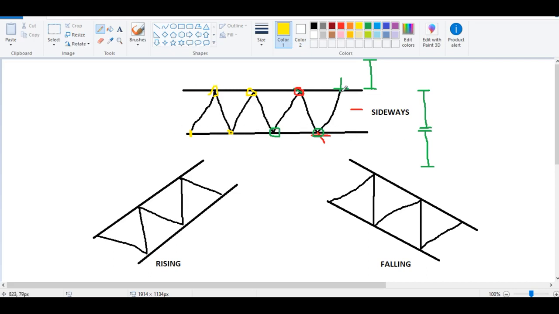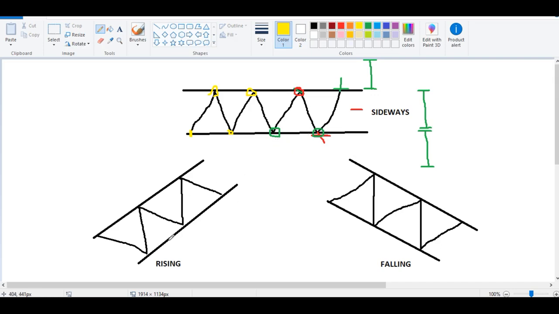When you see a parallel formation, that is called a channel. So just keep that in mind. We need a minimum of two swing highs and two swing lows, and if it's in a parallel formation, then it is called a channel pattern. These are the two ways we can trade a sideways channel.